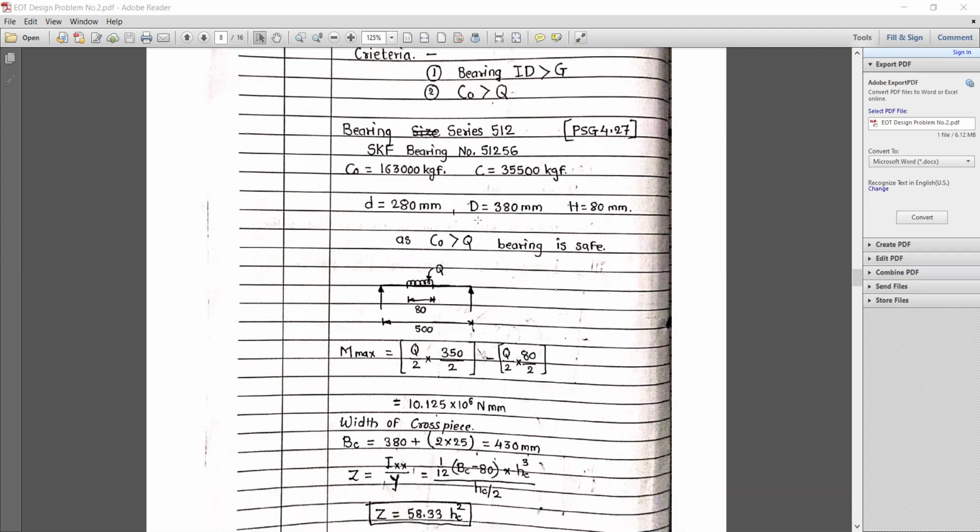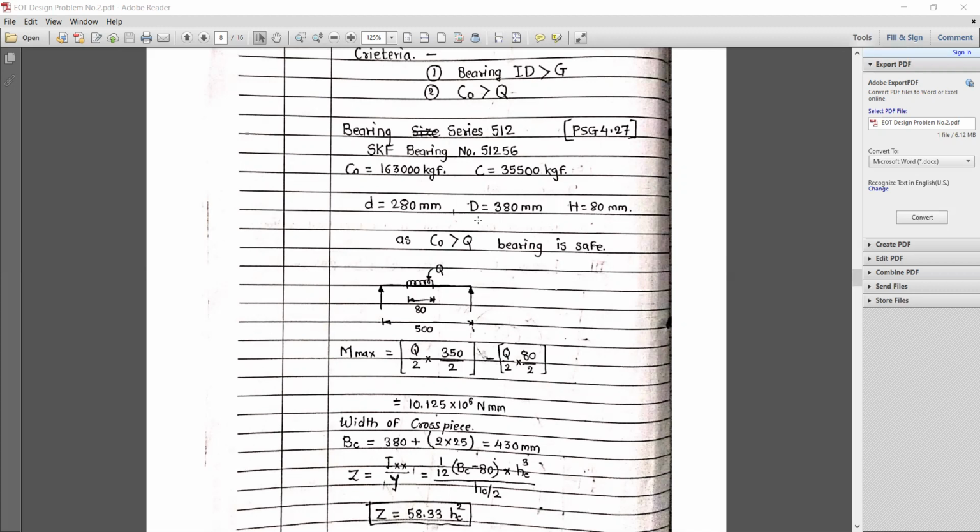So we have selected a bearing of series 512, page number 4.27, that is SKF 51256, whose dynamic capacity is 1,63,000 kgf, and static capacity is 35,500 kgf, whose internal smaller diameter d is equal to 280 mm, bigger diameter is 380 mm, and height is 80 mm.